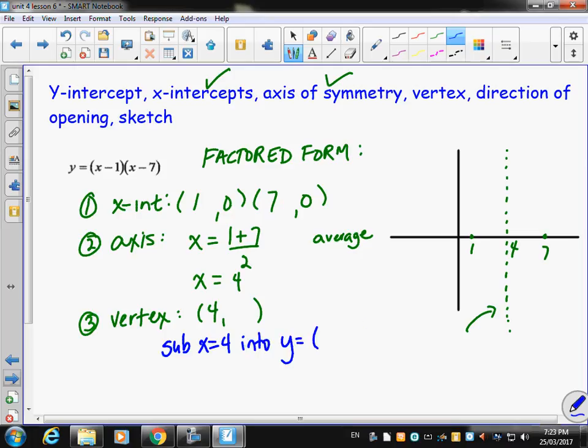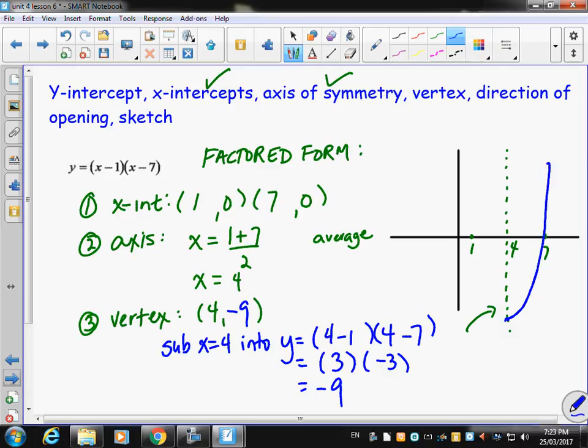So I'm going to put a 4 wherever I had an x. I have 4 subtract 1, 4 subtract 7. 4 subtract 1 is 3. 4 subtract 7 is negative 3. Negative 9. So (4, negative 9) is my vertex.